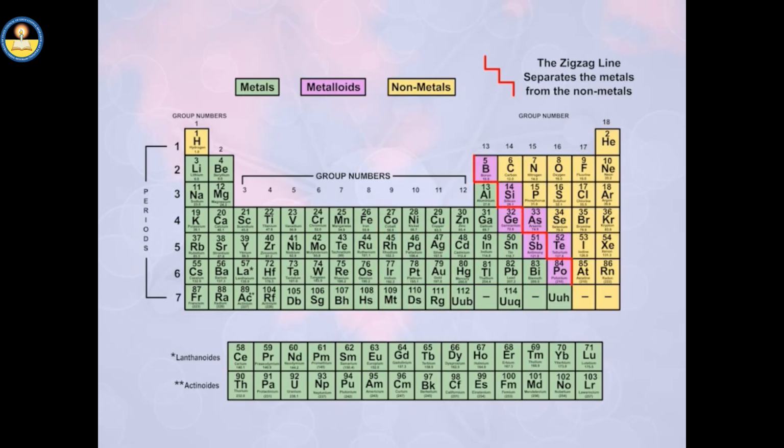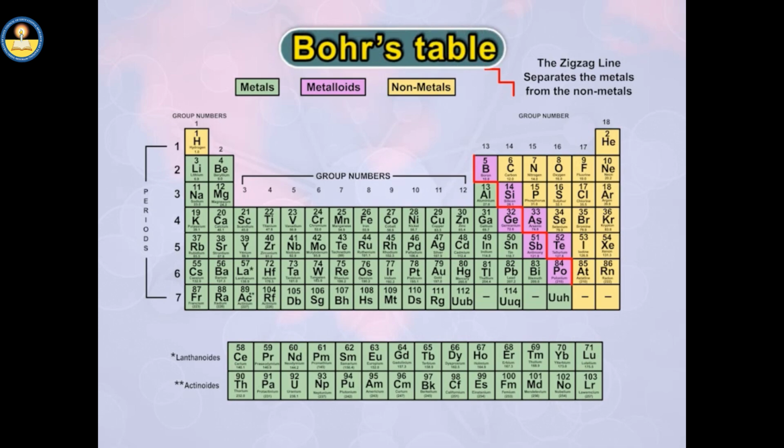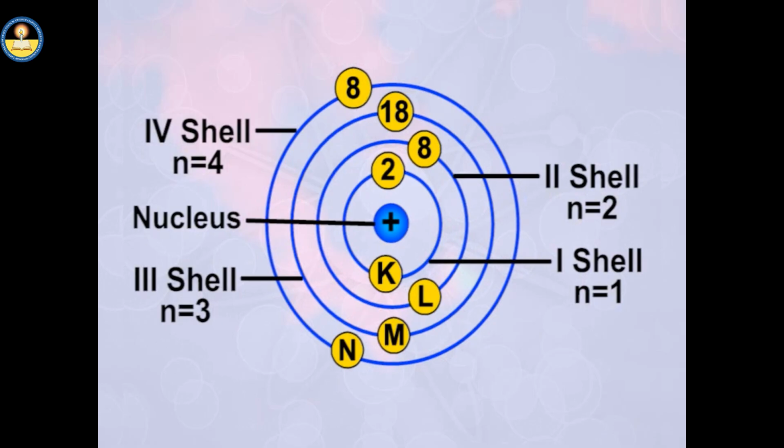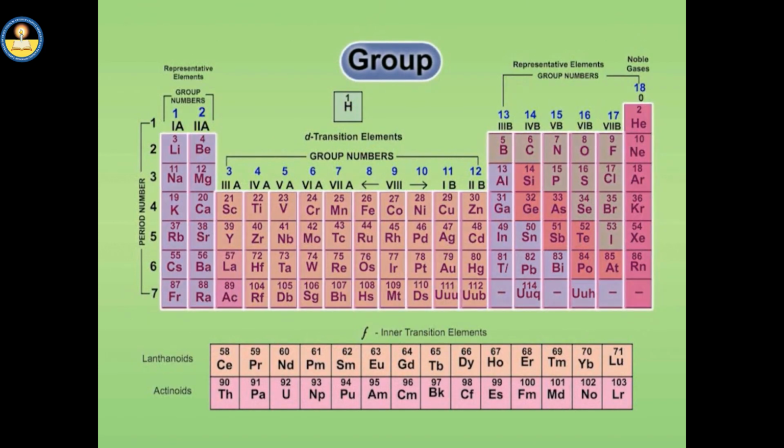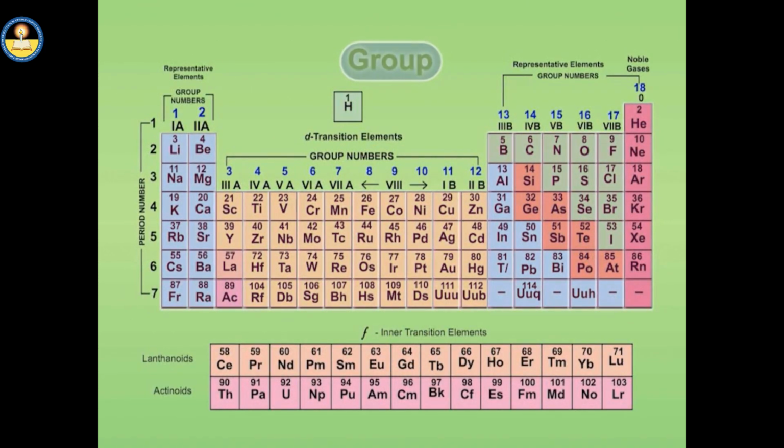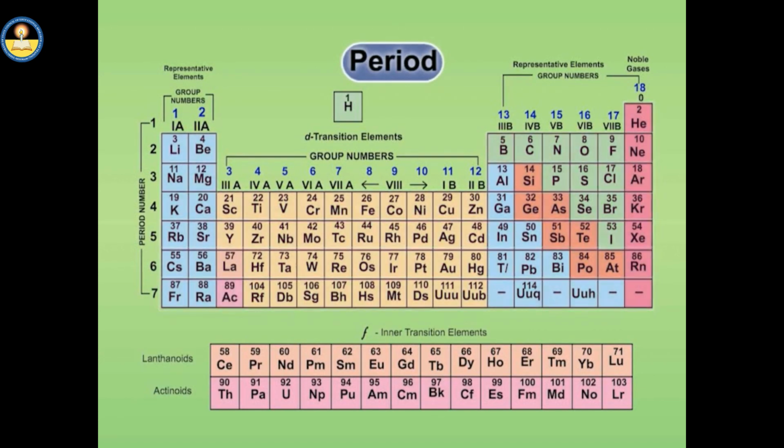This is also called Bohr's table since it also follows Bohr's scheme for the arrangement of various electrons around the nucleus. Each vertical column is known as a group, and each horizontal row is known as a period. Let's discuss them one by one.